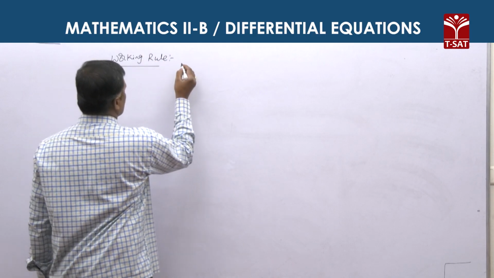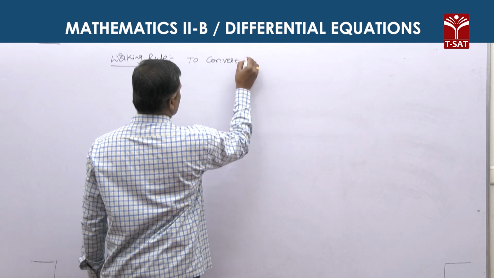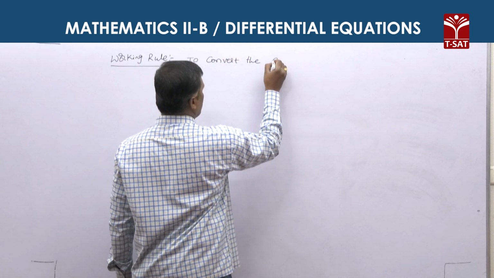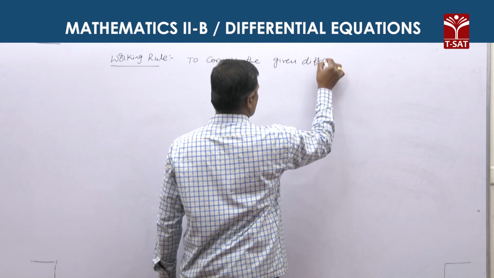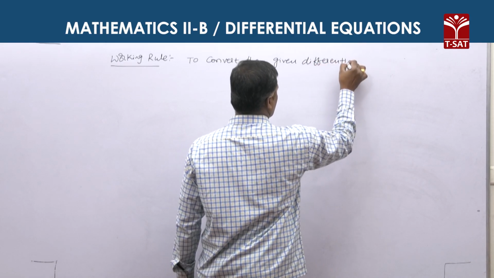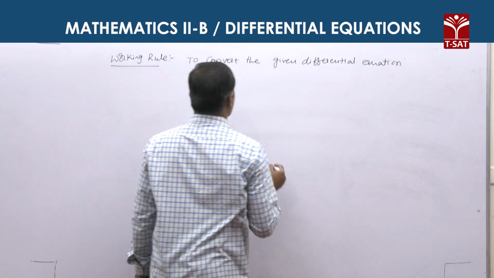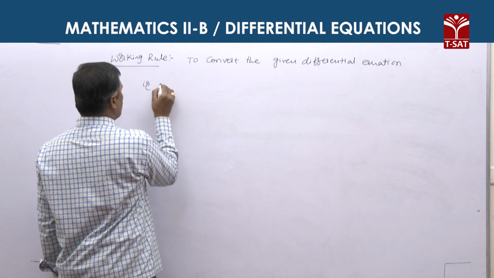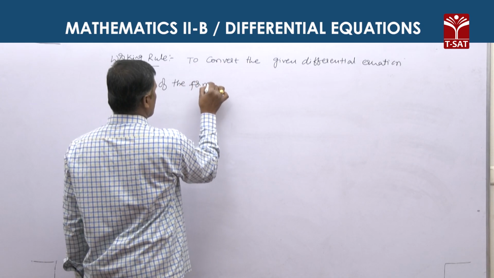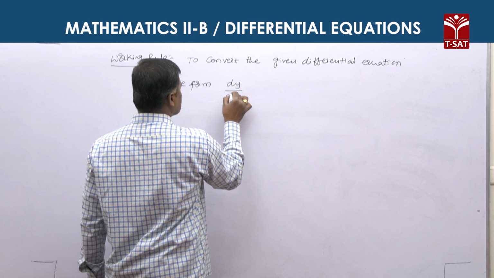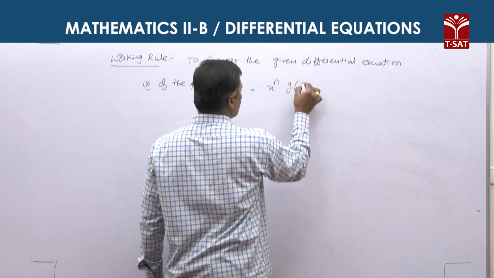Next, working rule. To convert the given differential equation of the form dy by dx is equal to x power n into g of y by x.